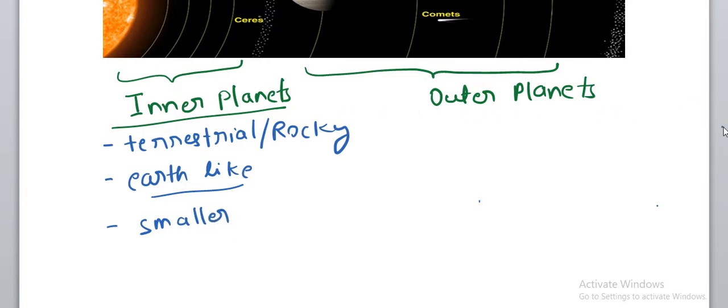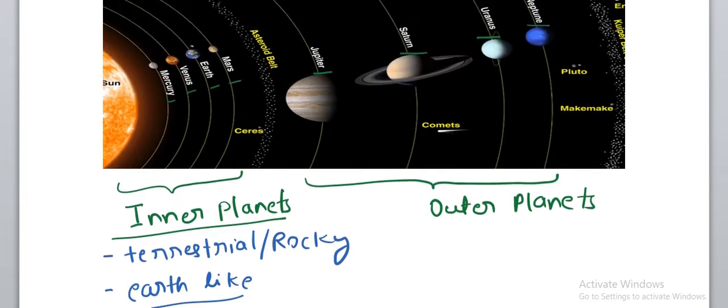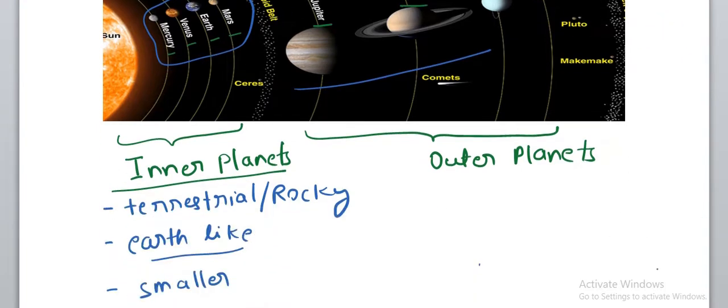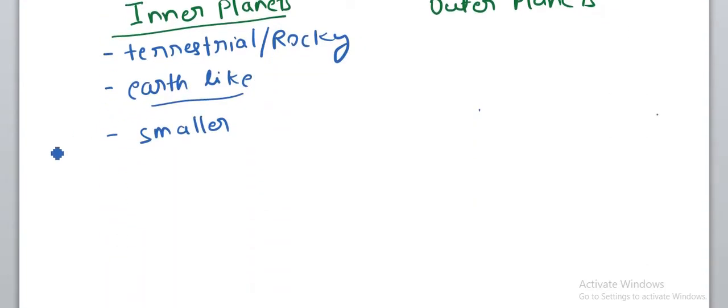In this image you can see these 4 planets, their size is very small as compared to these planets, right? These are very large in size. So the inner planets are called terrestrial planets, Earth-like, and they are smaller in size.